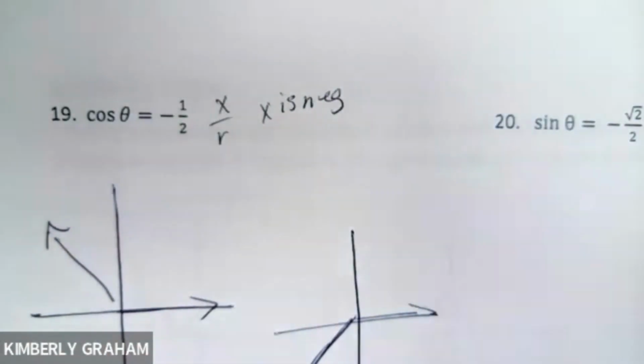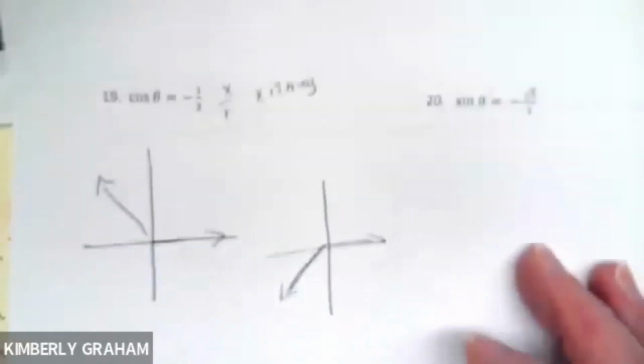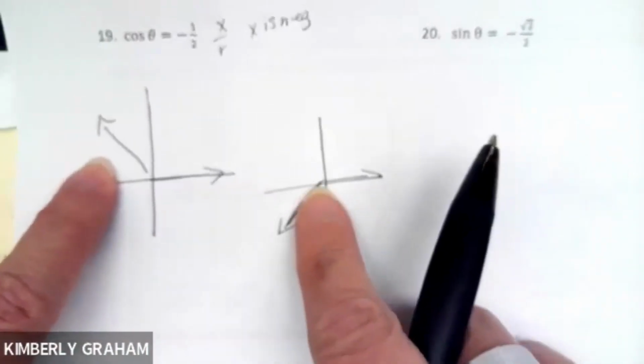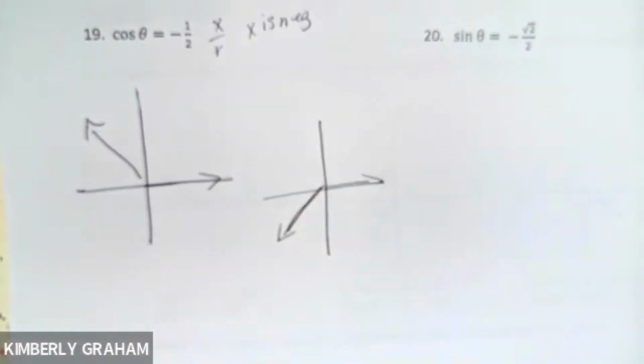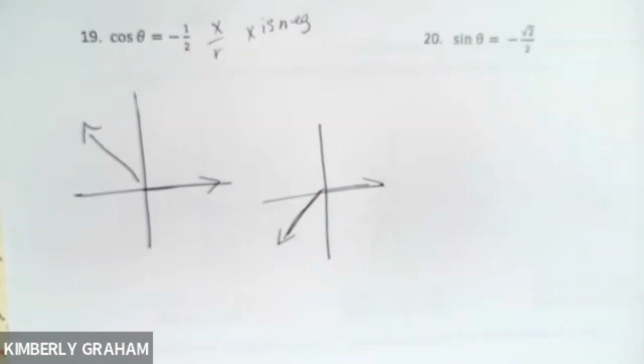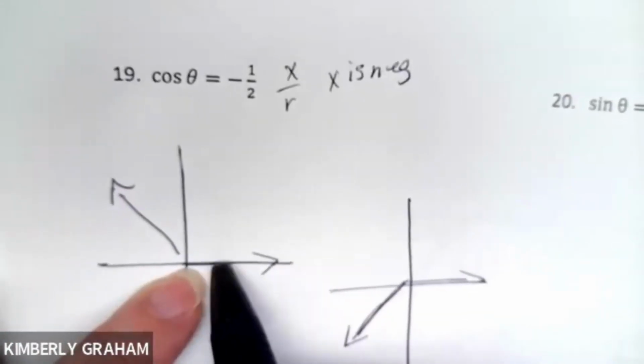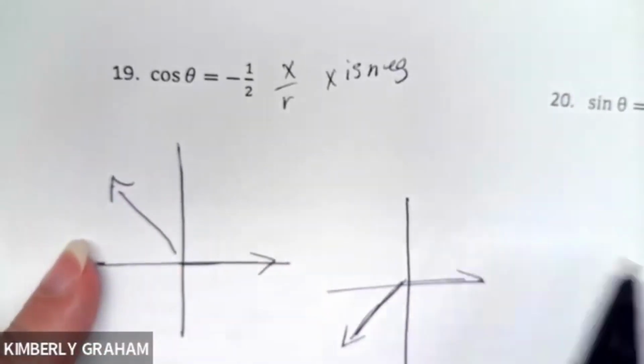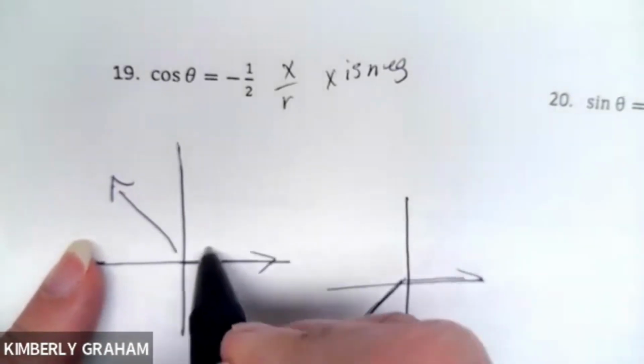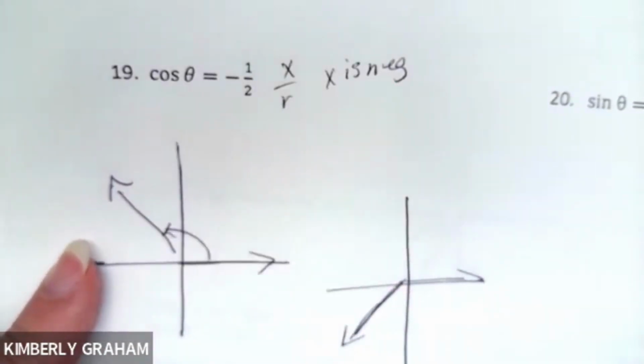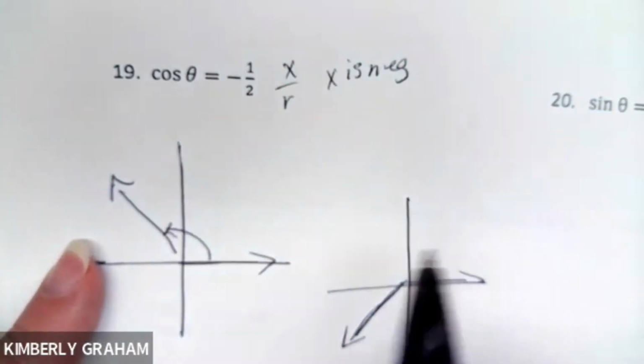Be sure you understand that this angle is not negative. I'm not going in a clockwise motion. The cosine is negative, but my angle is still going in a counterclockwise motion.